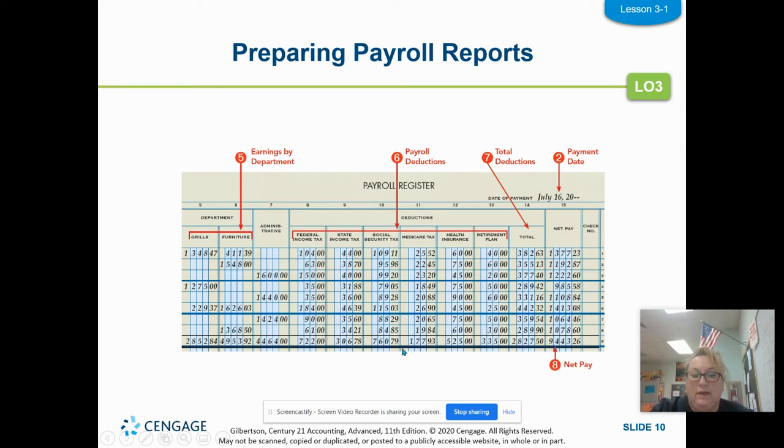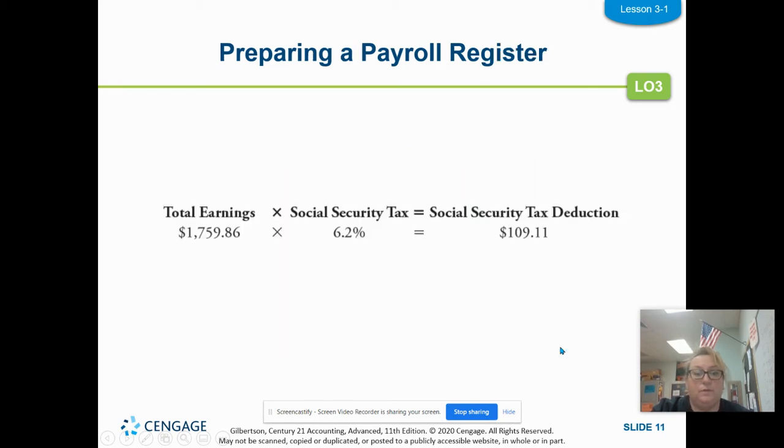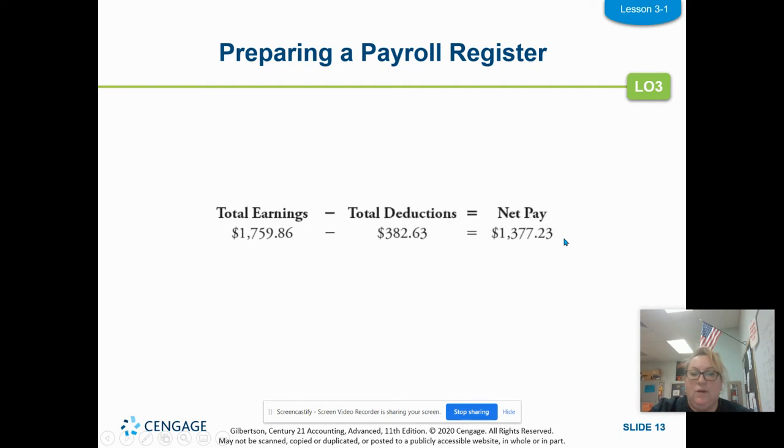Like I said, we need these totals because the totals are what we're going to record in the journal. This is a reminder of how to calculate Social Security tax. Social Security is 6.2%. You take your total earnings, multiply that by your Social Security tax, and there you go. Same thing with Medicare.